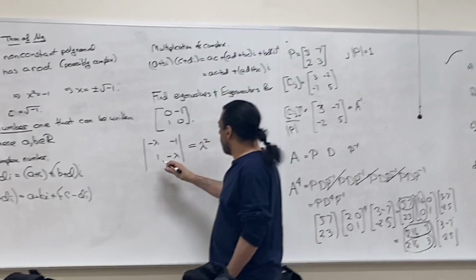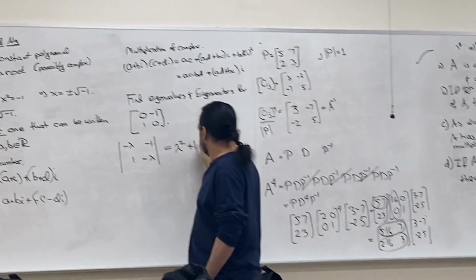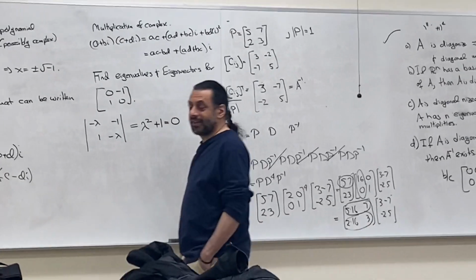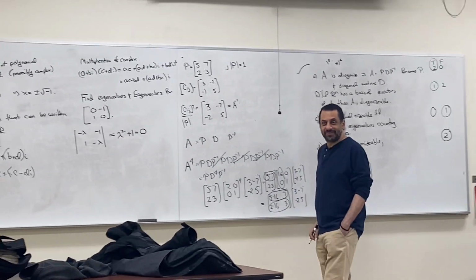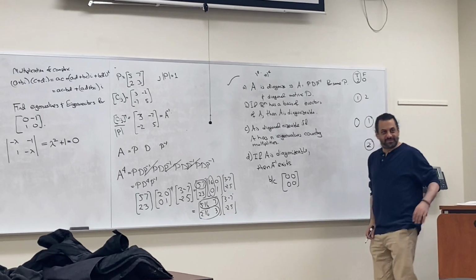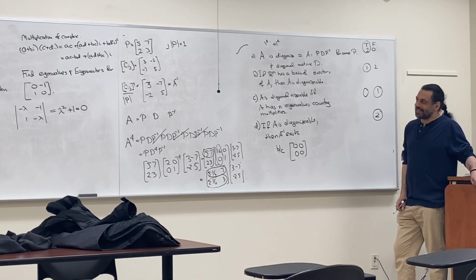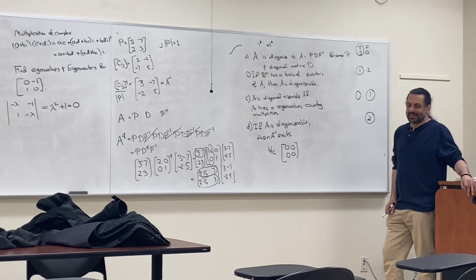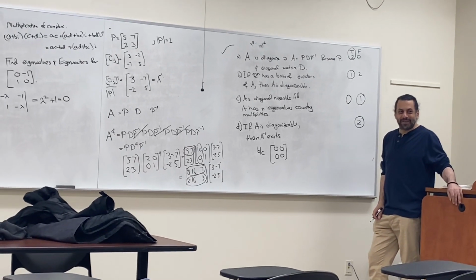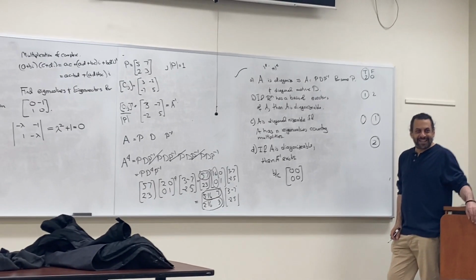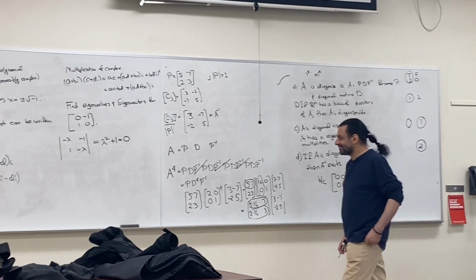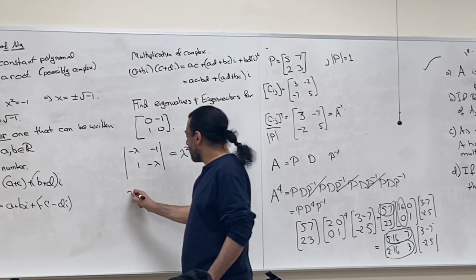Lambda squared plus 1 is equal to 0. Sound familiar? Yeah, we have lambda instead of x. And like I said, some people have accused me of making my lambdas look like x's. Can you imagine?